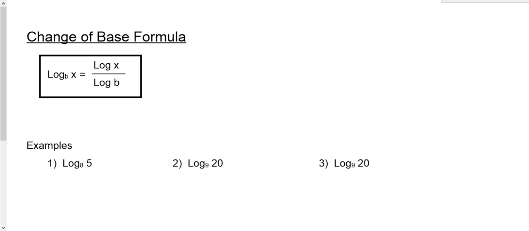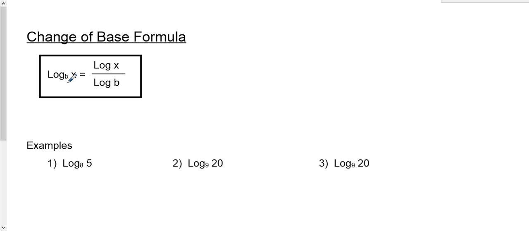And one last thing. We have the change of base formula, which is log base b of x. And we can evaluate that by taking log of x divided by log of b. Now the log button is on your calculator, but generally we don't have the base value. So unless you've been taught another way to do that on your calculator, we can't do this unless we split this up.